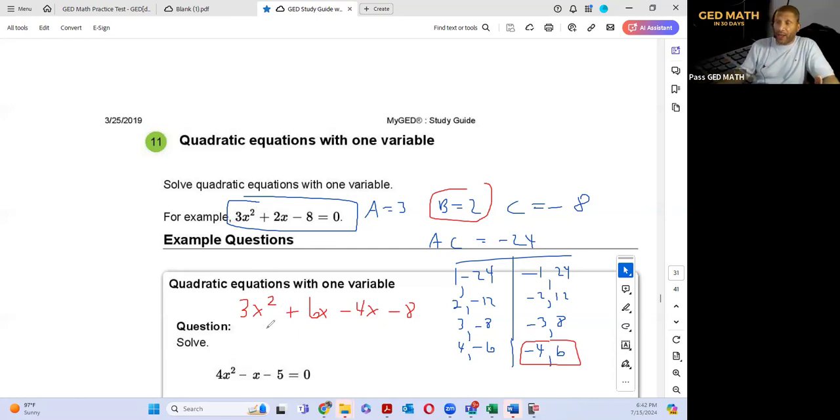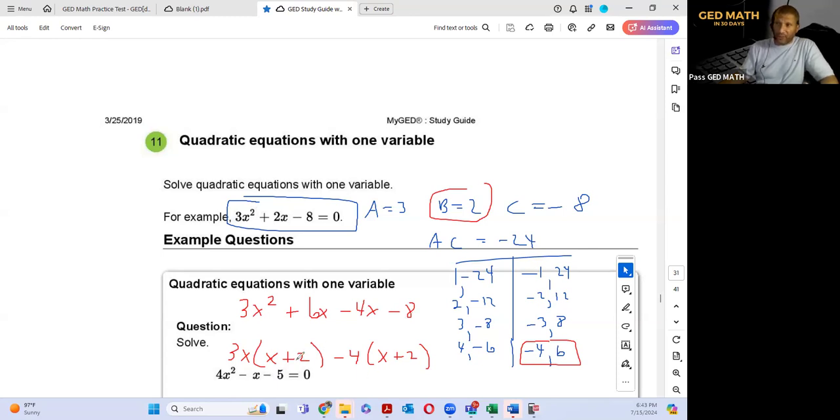So now I factor by grouping. The greatest common factor of 3 and 6 is 3. The greatest common factor between x and x squared is x. So I got 3x times x plus 2. We'll do the same thing. I'm going to pull out a negative 4, and we got negative 4 times x plus 2, because minus 4 times x is minus 4x, and minus 4 times a positive 2 is a minus 8.